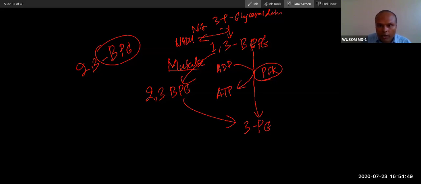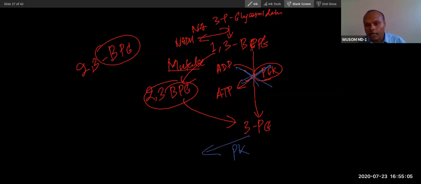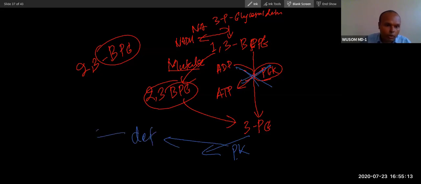Because of the synthesis of 2,3-BPG, the RBC will lose the chance to form 1 ATP. And that is why the last step becomes very important. The pyruvate kinase step becomes very important for synthesis of ATP. And therefore, in pyruvate kinase deficiency, what will happen? Hemolytic anemia.